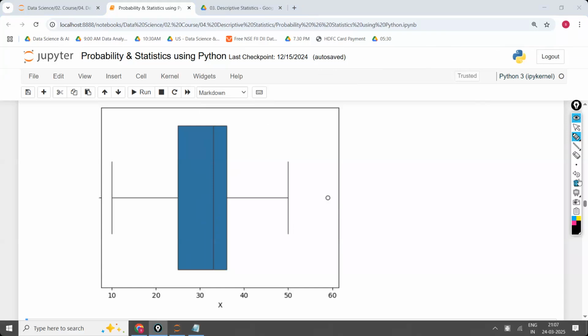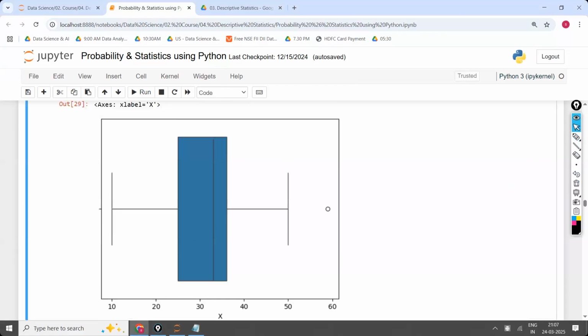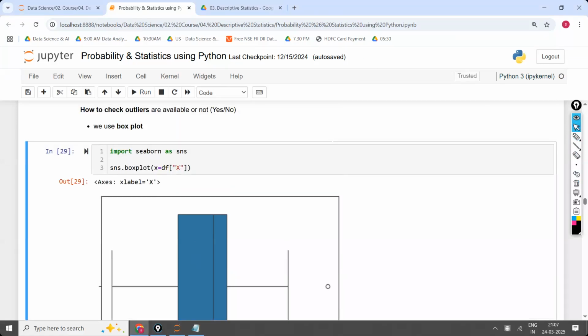Box plot will tell you whether an outlier is available or not. Yes or no. Clear? I'm saying one more time, guys. Box plot will tell you only yes or no. Box plot will tell you whether outliers are available or not. Yes or no. Sir, I want to check the number of outliers.